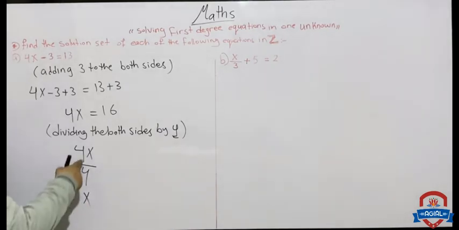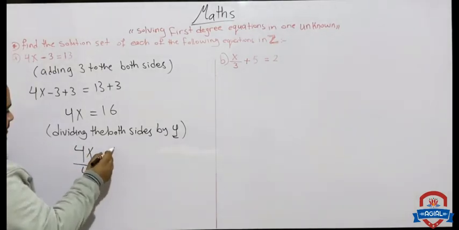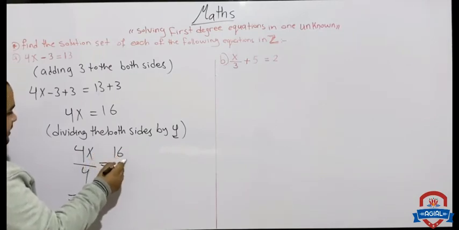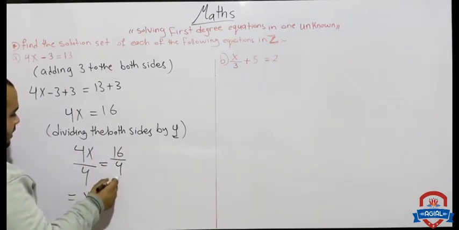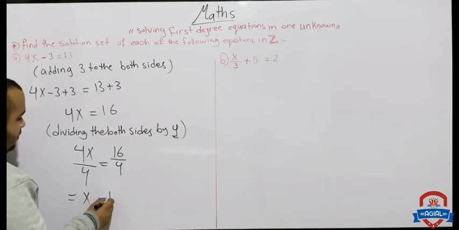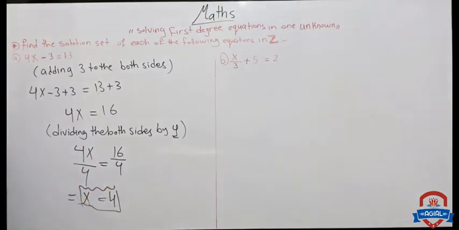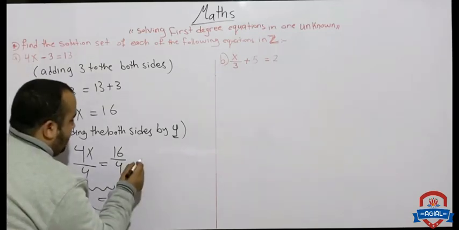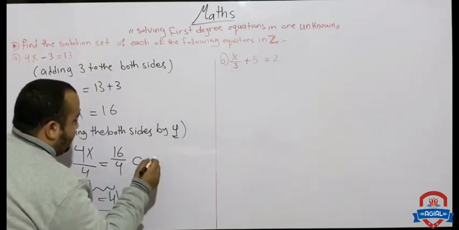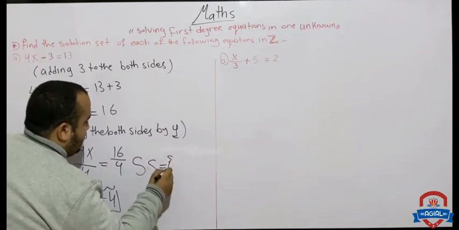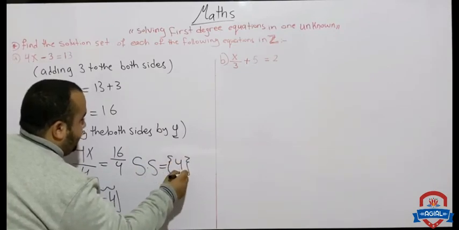So the left hand side equals x. And 16 divided by 4 equals 4. So the value of x equals 4. When the value of x equals 4, the solution set of this equation equals the set of number 4.